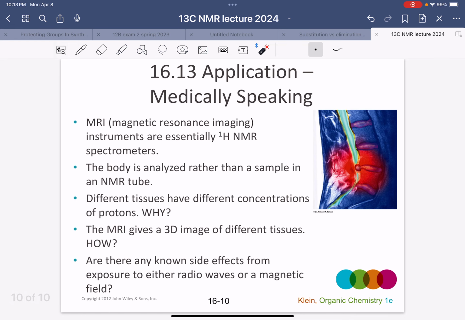Mostly we're going to be focusing just on the regular decoupled carbon-13 NMR spectra. I wanted to close this with talking about MRI, magnetic resonance imaging, because it's really a cool technique and it makes use of the nuclear magnetic resonance phenomenon. There are two stories as to why it's called magnetic resonance imaging and not nuclear magnetic resonance imaging.